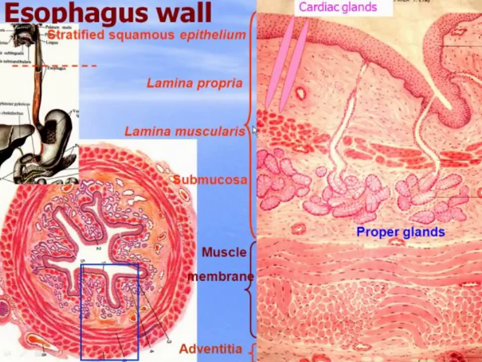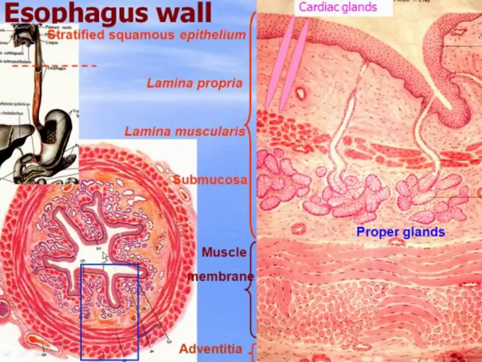Third layer is lamina muscularis, consisting of smooth muscle cells, quite a thick layer, and you can see the longitudinal bundles of smooth muscle cells. The contraction of these muscle cells provides the formation of longitudinal folds.